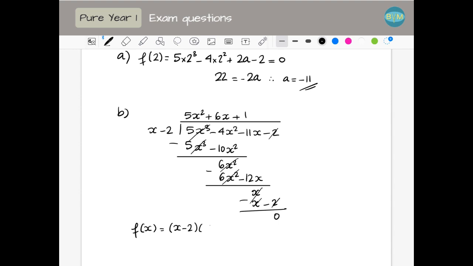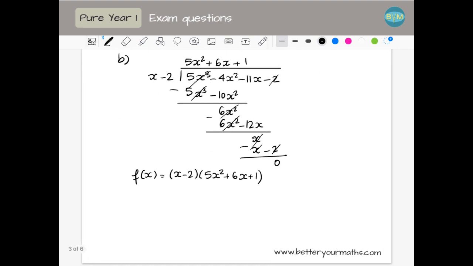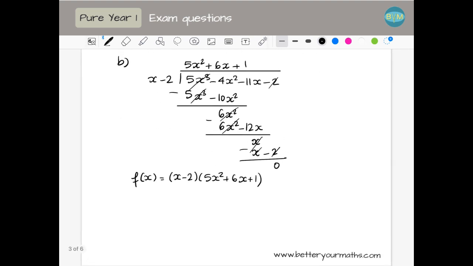And now we are going to factorize this quadratic, and we know how to factorize quadratics very quickly. So we have to find two numbers that multiplied give me 5 and added together give me 6, and those are going to be 5 and 1, right?